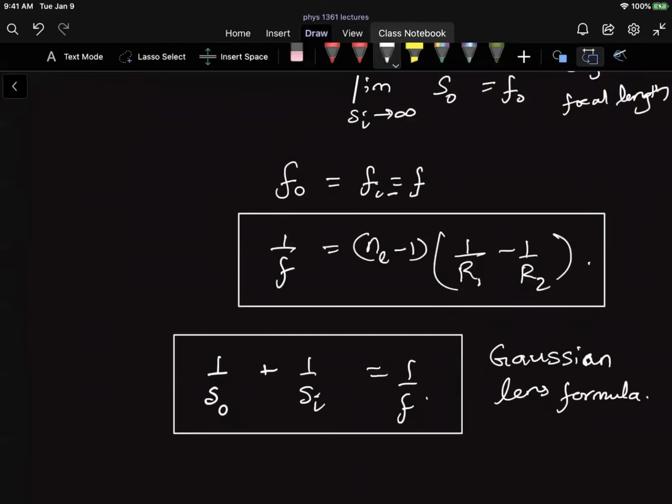So 1 over F is N_L minus 1 times 1 over R1 minus 1 over R2. And therefore, this equation can be used to produce our expressions for the object and image distances. Once we are given a focal length for a thin lens, we can simply use it in this equation to find the object and image distances.